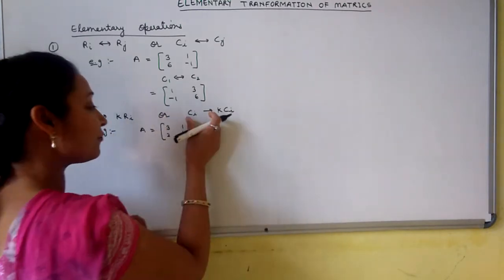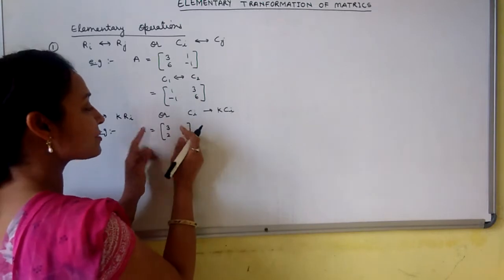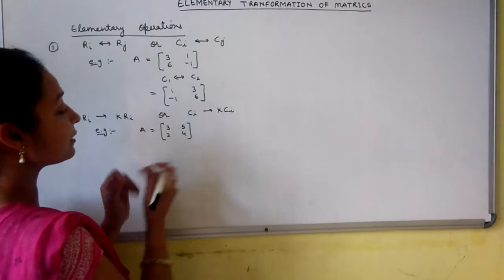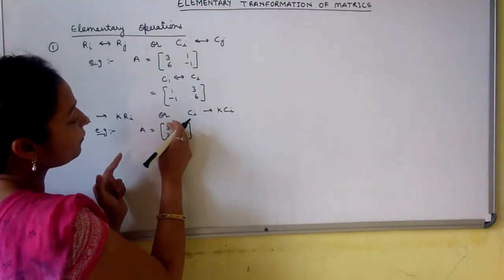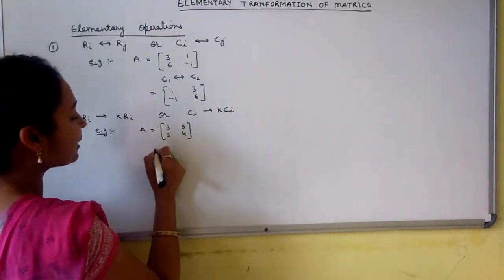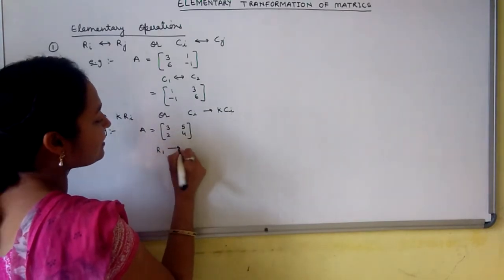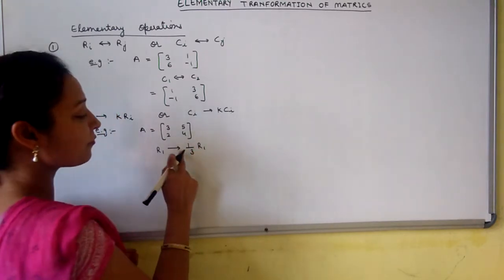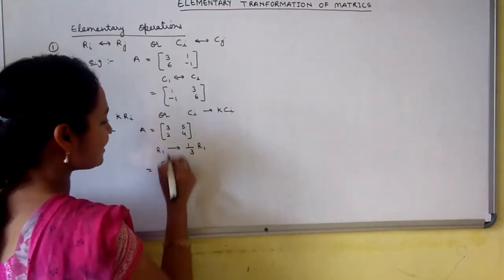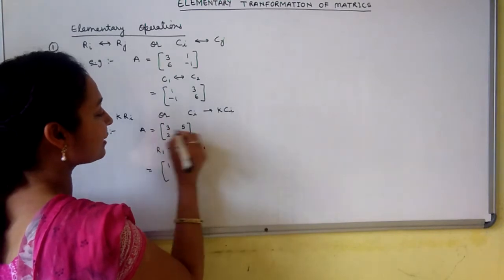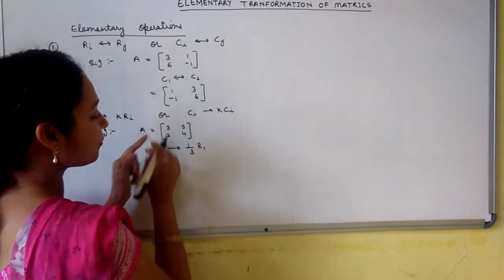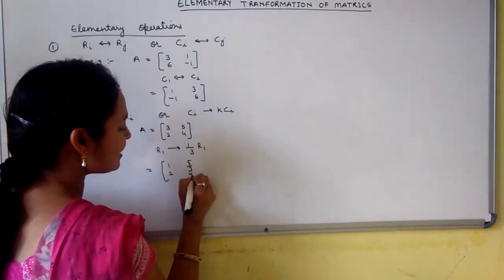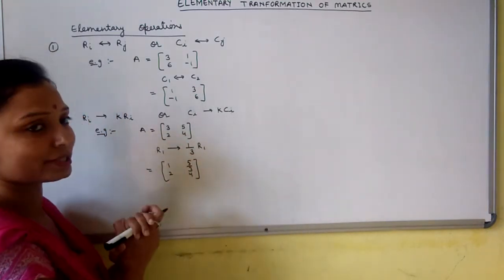If there is a 1 we can interchange, but here we can divide by 3 by multiplying the first row by 1 by 3. After multiplying the first row, 3 into 1 by 3 are cancelled, we get 1, and this is 5 by 3, this is 2 and this is 4. This is the second operation.